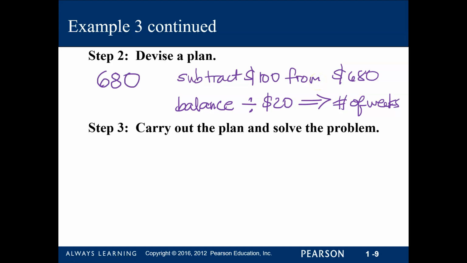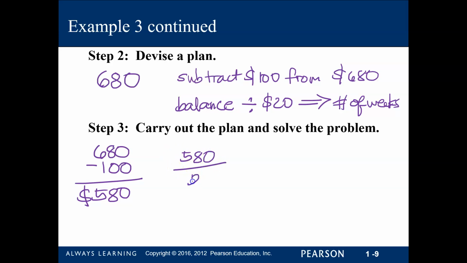All right. So if we are going to follow our plan, we will subtract the 100 from the 680 because you made that payment already. So all in all, for the remaining weeks, you are to pay a total of 580. Now, if we subtract 20 every single time, every week that passes by, that is pretty much dividing 580 by 20.